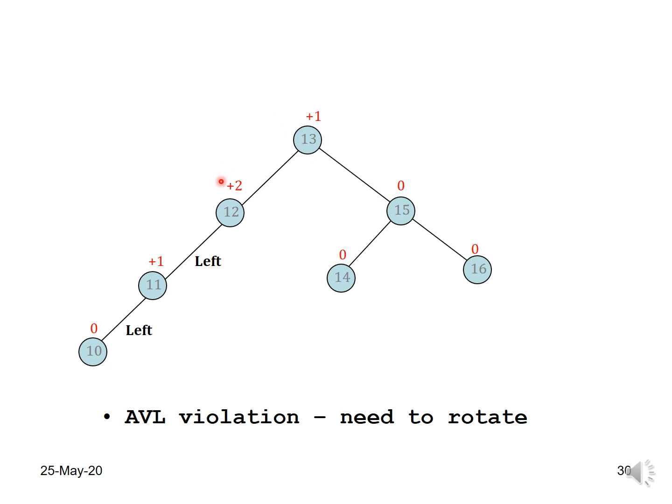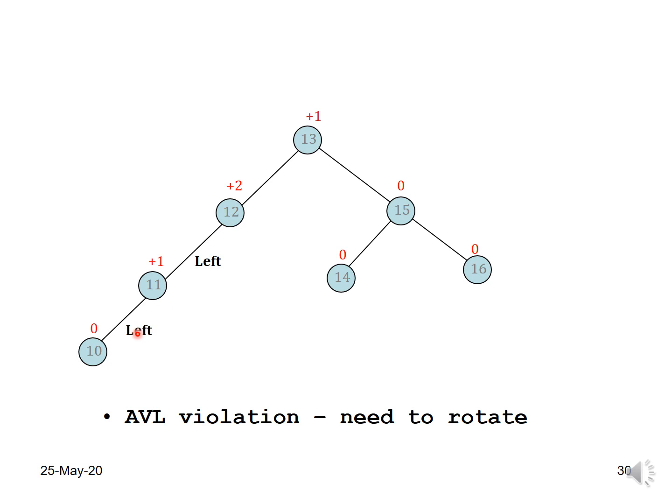Now we can see this balance factor is plus 2, so it is imbalanced, this is not an AVL tree. Now this is a left case because from here the inserted node is in the left of 11, which is in the left of 12.